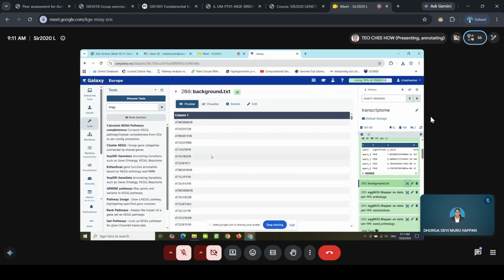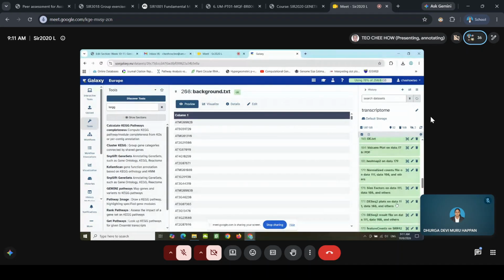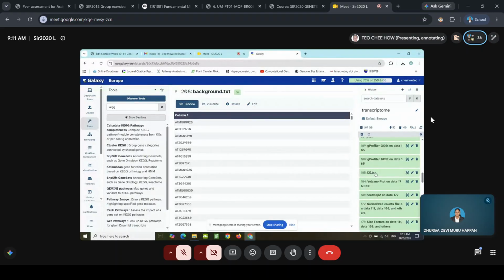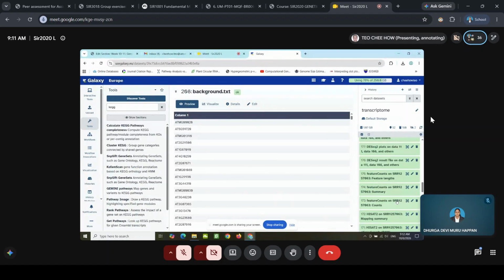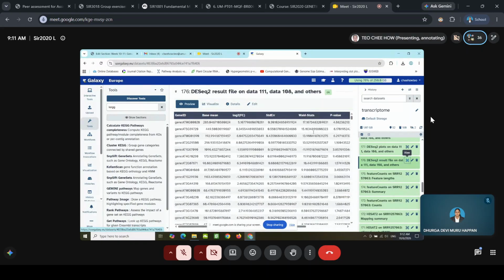You make it like this, and this is your background. And then the DE file. The DE text comes from here. You need to identify the genes that are differentially expressed. So how can we know which one is differentially expressed? You will need to take the result from here, identify the differentially expressed genes and filter them out, like I did yesterday.